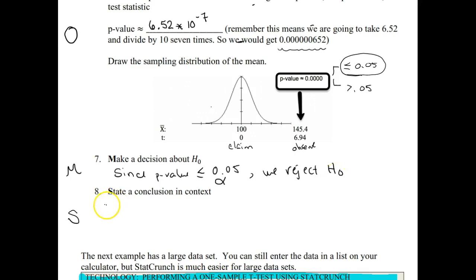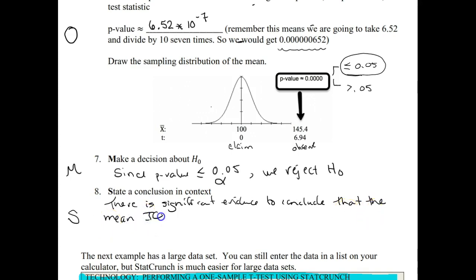So in this case, we're going to say there is significant evidence to conclude, and again, we just translate HA into words, and so mu was the mean IQ score for all famous people.